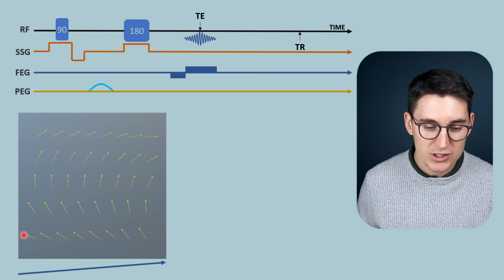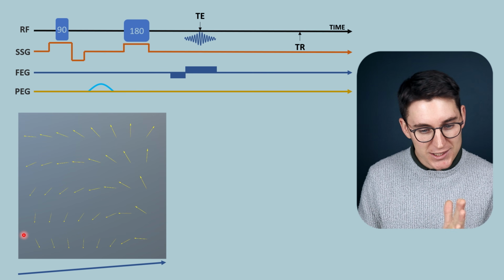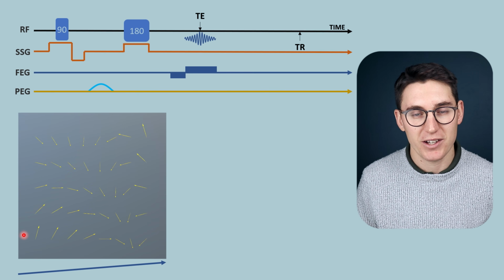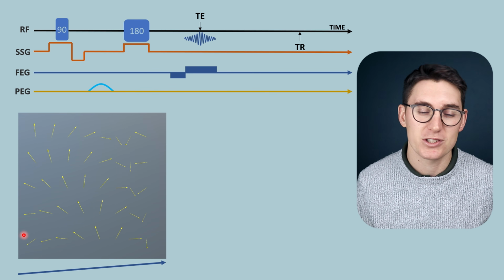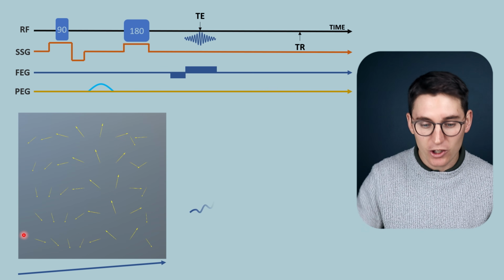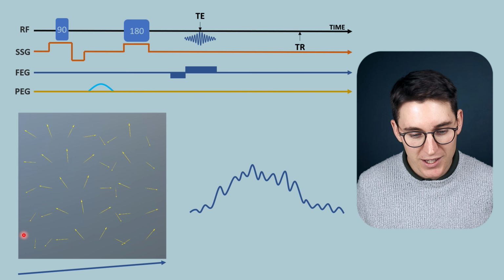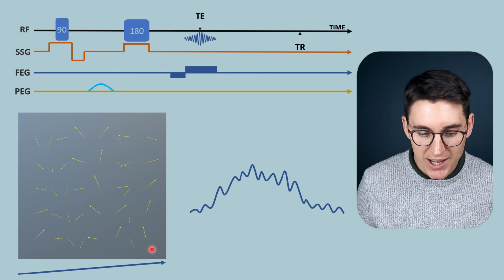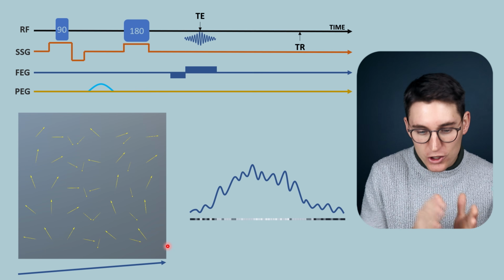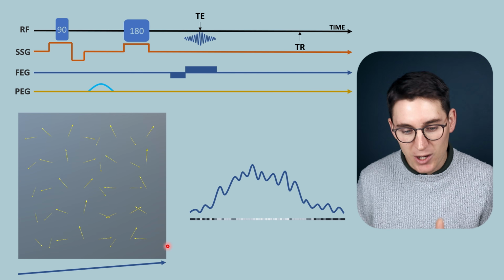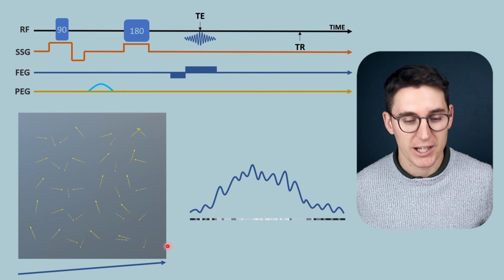Now, as we introduce that frequency encoding gradient, you can see how the spins on the right-hand side of our image are precessing faster than those at the left-hand side. And then we can go and measure the net magnetization vector of that entire slice. Now this net magnetization vector can still be sampled during our data acquisition period, and we can get discrete values over time.